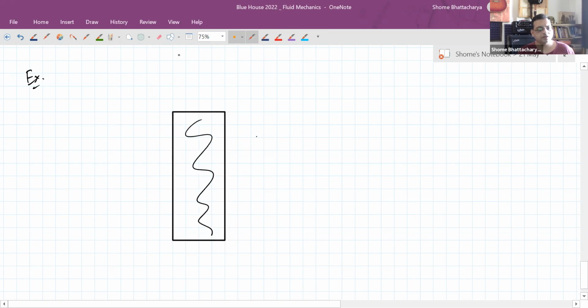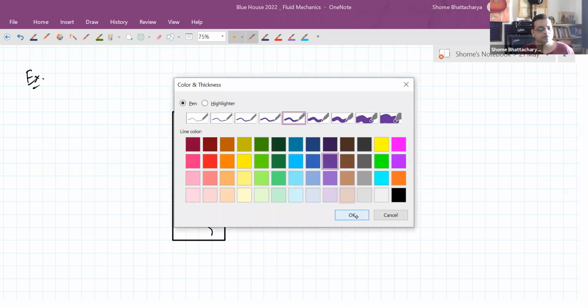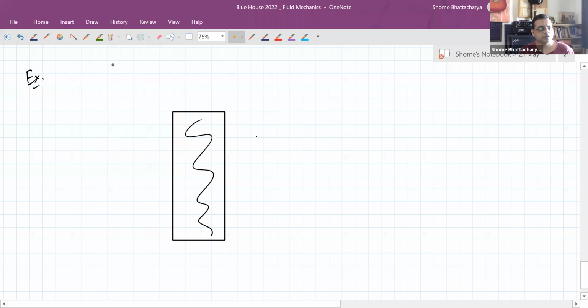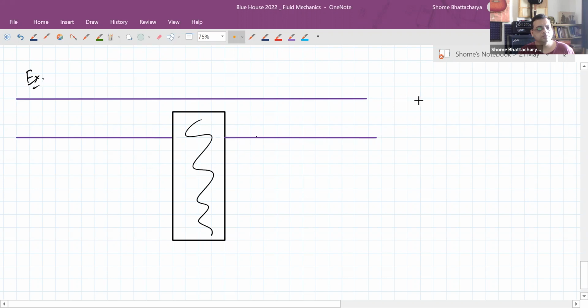It's a full solid cylinder, floating in a combination of two liquids, in between the two liquids like this.